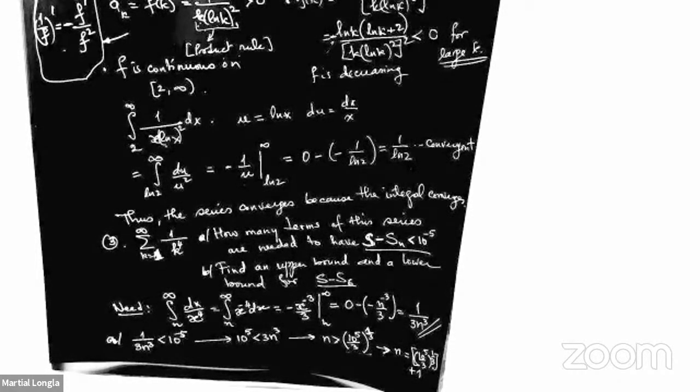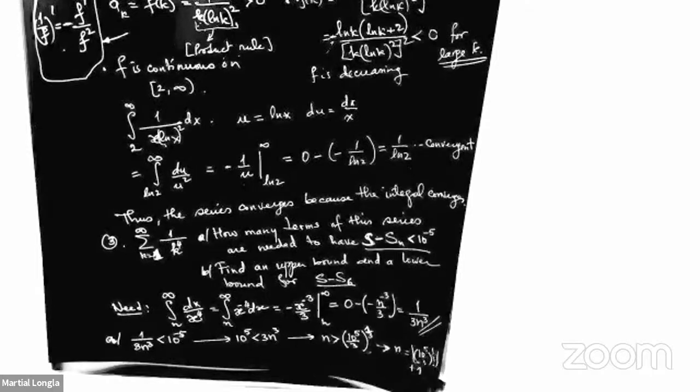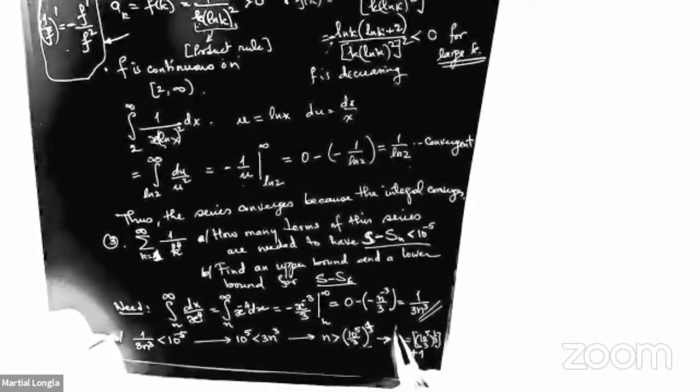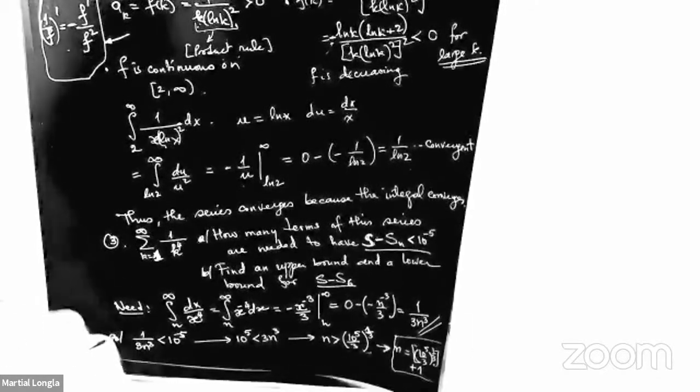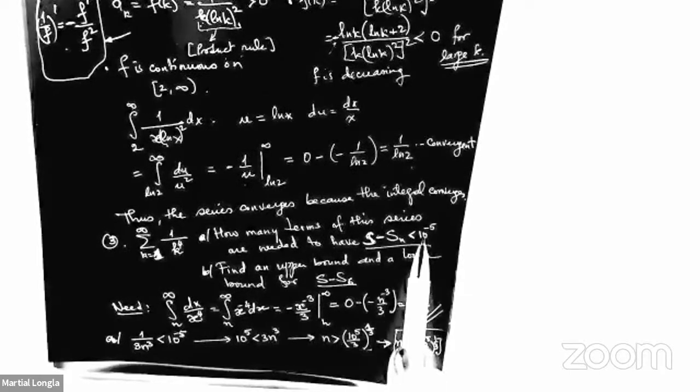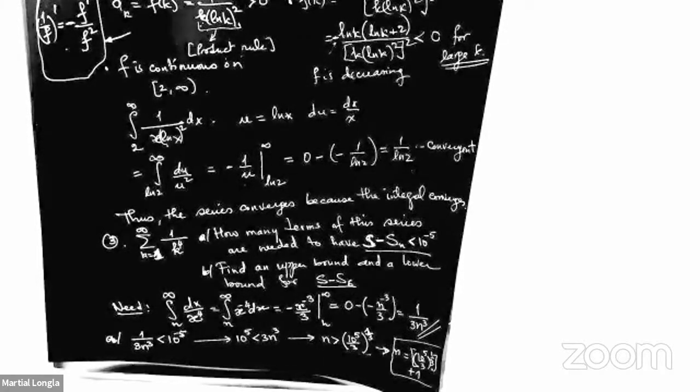On the setup of a test, usually what I do is I give numbers such that this will not be so crazy. You could simplify this and get a beautiful n. So that's how many terms you need at least to be accurate to 10 to the minus 5. And this means technically you have at least 5 correct decimal points in the estimator that you have in Sn for S.